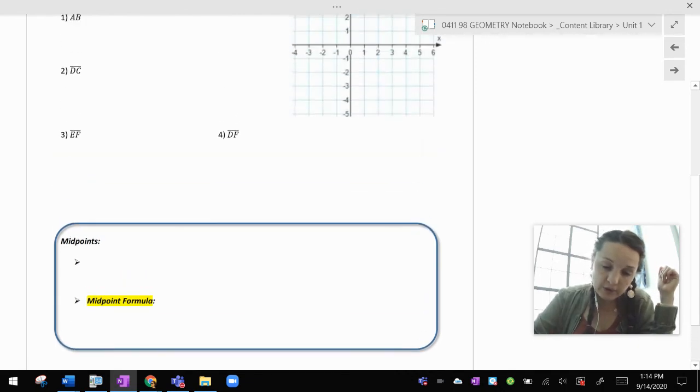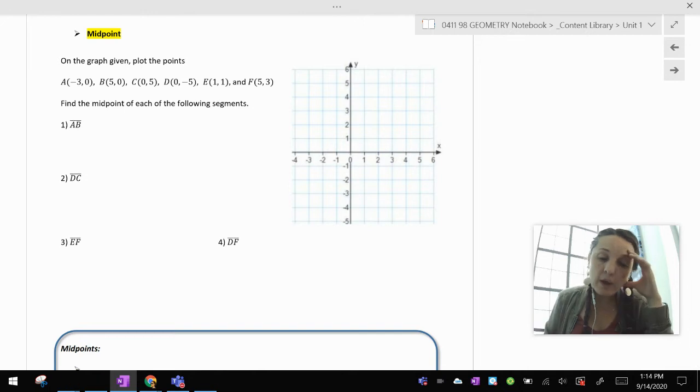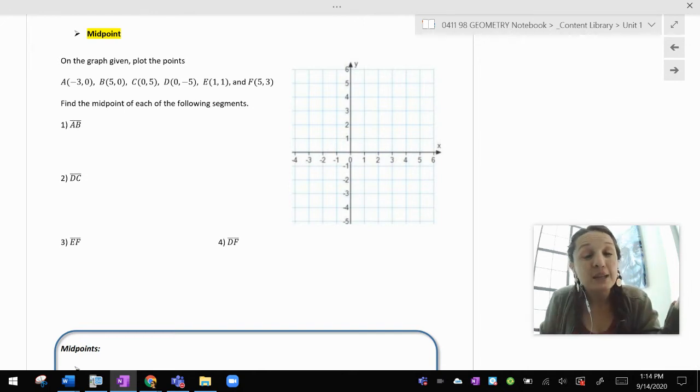Next page, let's talk about midpoints. A midpoint is exactly what you think it is. It's the point in the middle.